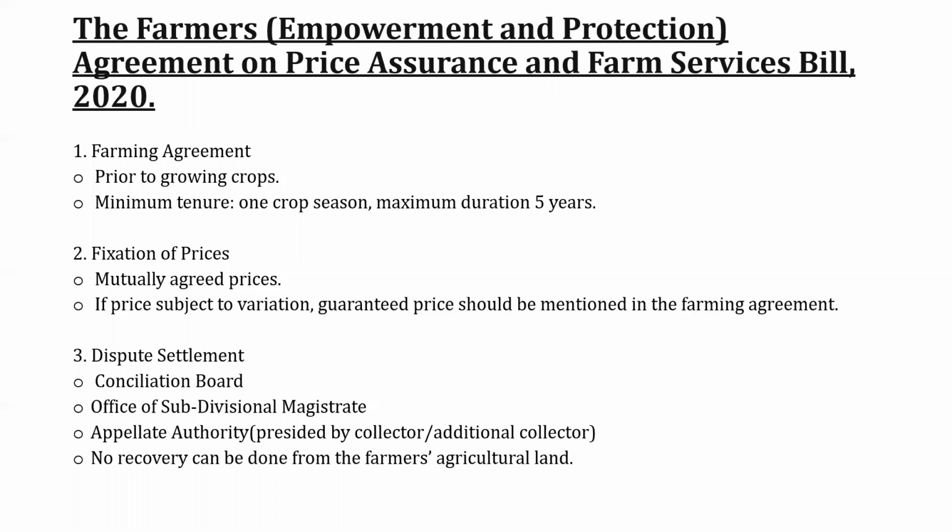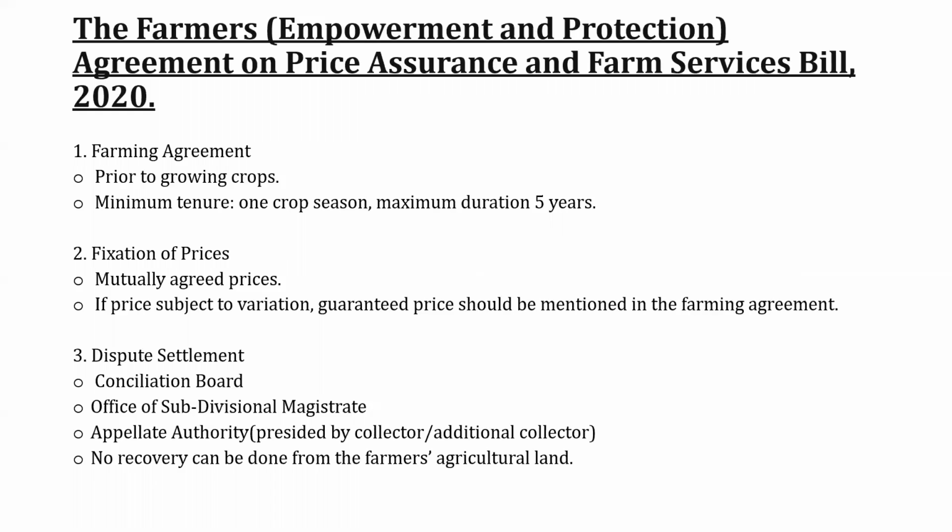In order to protect the farmer from such variations, a guaranteed price should be mentioned in the farming agreement. So, if the farmer agrees to sell his produce, for example, at 200 per quintal, and later on, due to market forces, the price falls down to 100, the farmer is still entitled to get rupees 200 as per the agreement.